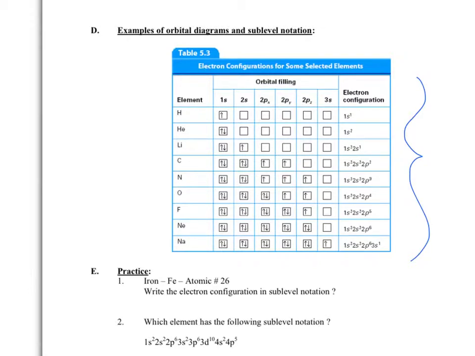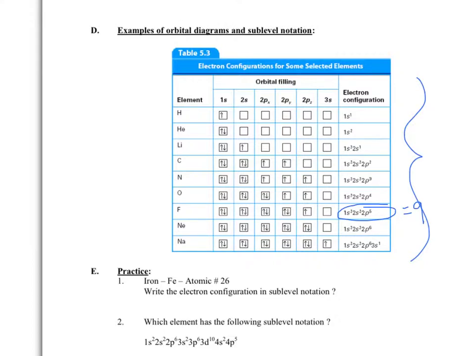And so if there's one electron in the 1s sublevel, then you will just put that as a superscript when you are writing the electron configuration. Sublevel notation is what we call that. So then if you look at fluorine, you have 2, 4, 6, 8, 9. And if you add up the electrons that are here, that does equal 9. So you're accounting for how many there are in the atomic number if it is a neutral atom.